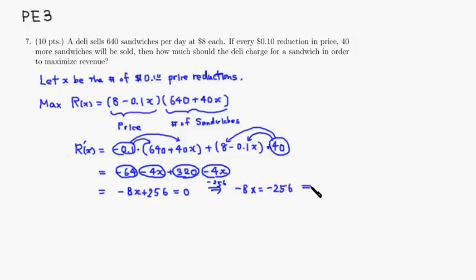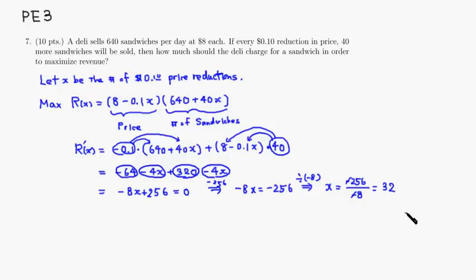Then divide through by negative 8 to isolate x. Negative 256 over negative 8, the negatives cancel out, so that's 32.